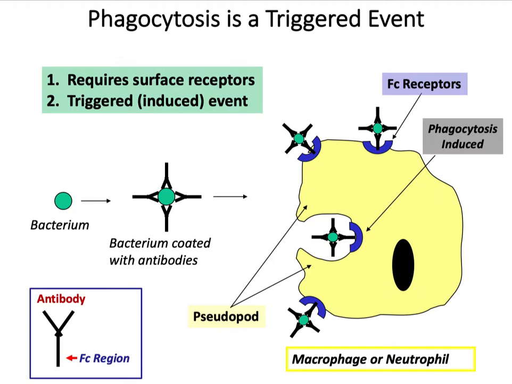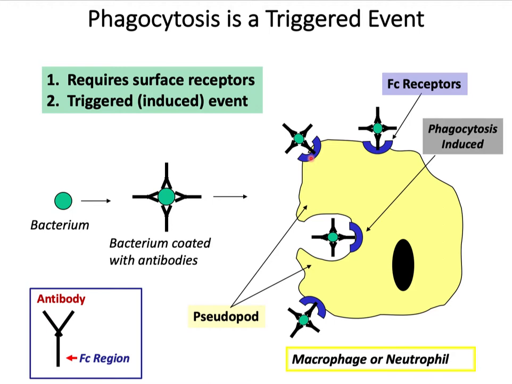So there are two really important points we want to know about phagocytosis. First of all, it requires a surface receptor. So phagocytosis does not happen randomly on the plasma membrane. A phagocytic target must bind to a specific receptor on the cell surface in order to be taken up by this pathway. A second important feature of phagocytosis is that it is a triggered or induced event.